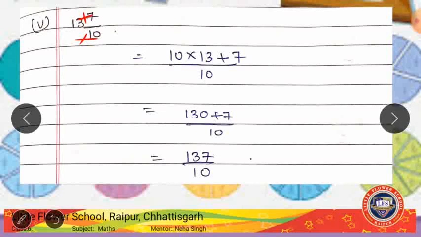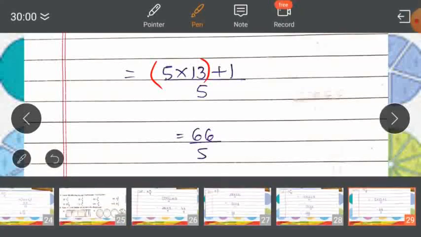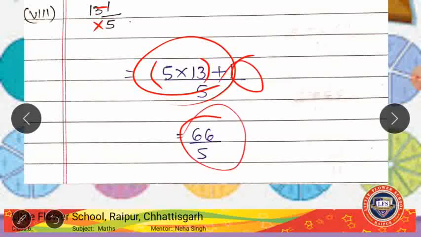You'll multiply the denominator and the whole number, then you'll add the numerator. 10 into 13, 130 plus 7, 137. 13 1 by 5 again, 5 into 13, 65, plus 1 is 66. So the answer is 66 by 5.